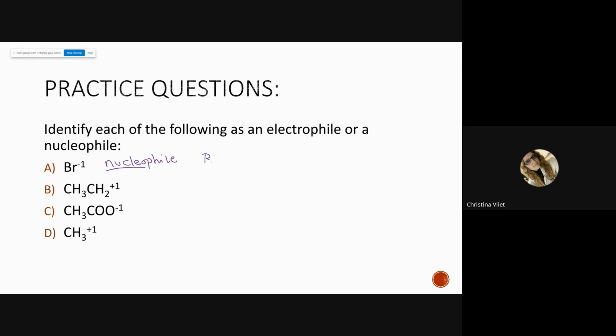And it actually means in the process, what's going to happen is bromine is going to be donating a pair of electrons. So you want to write that out because I know on paper 1 exam, they'll ask you what is a nucleophile. It is actually something that has the ability to donate its electrons. And so I'm going to write that there. It can donate electrons. B, CH3, CH2 plus, electrophile or nucleophile? Electrophile.